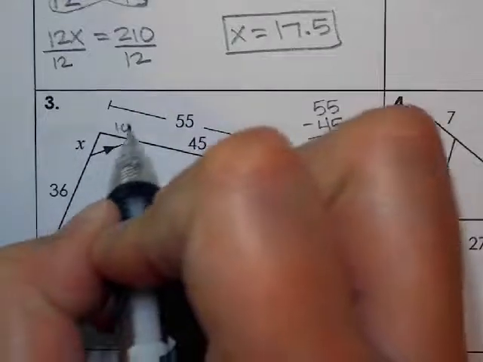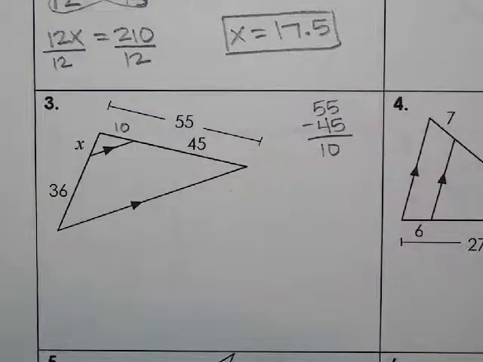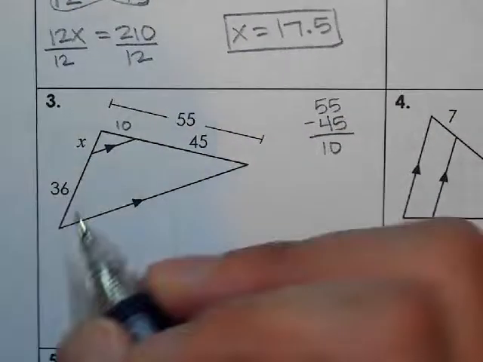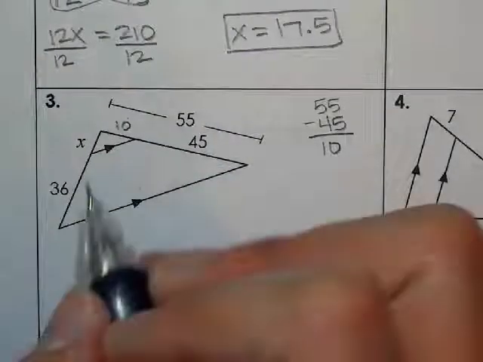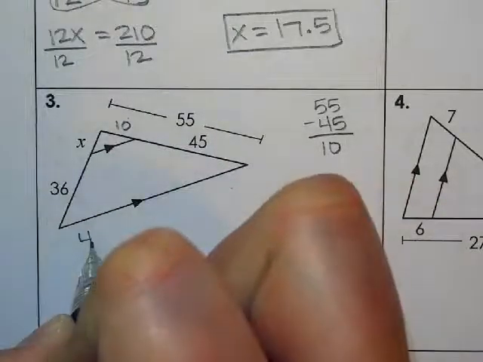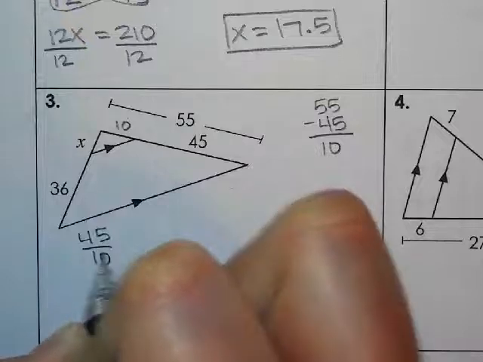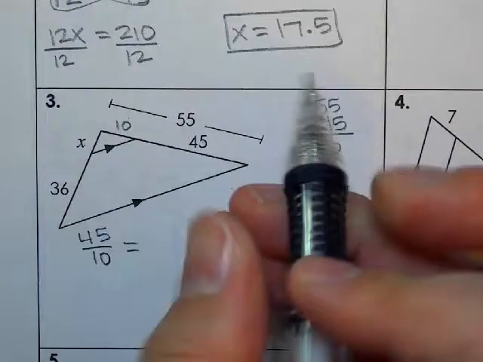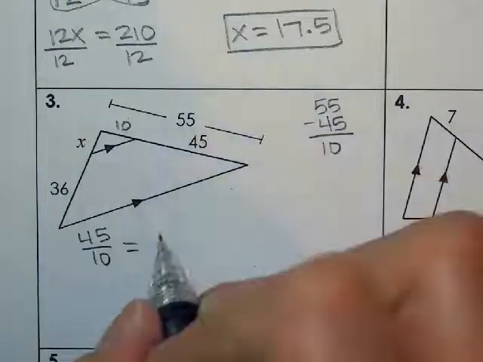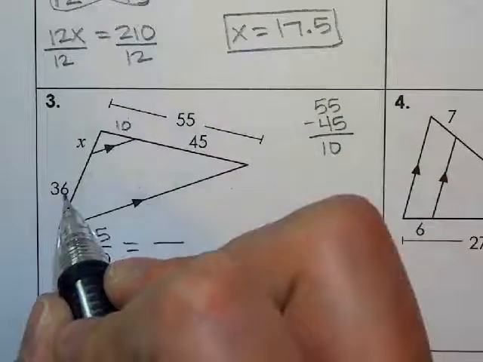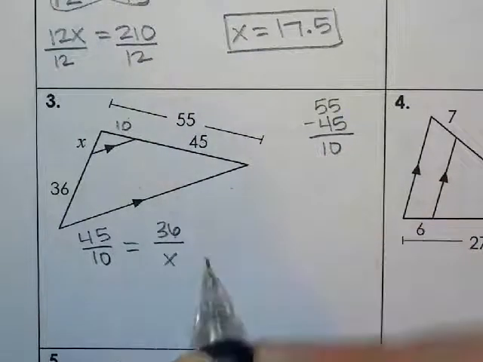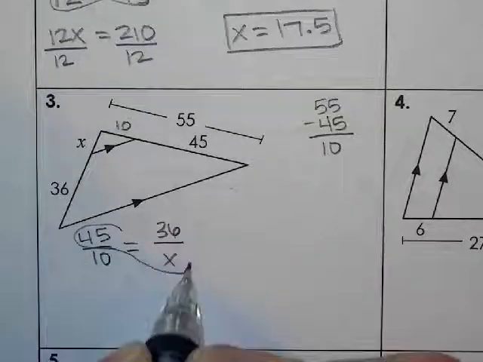Okay, 45 over 10. So we're doing right over left, or bottom over top, equals 36 over x, and then we're going to go ahead and cross multiply.